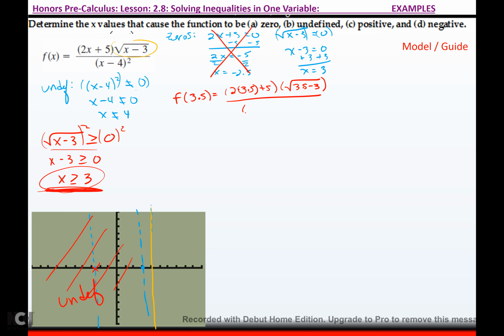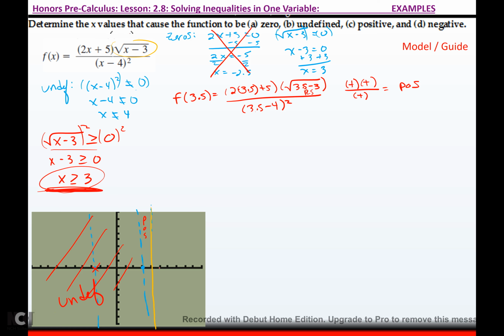All over 3.5 minus 4 squared. Okay, that's going to be 7 something plus 5, that's going to be positive. 3.5 minus 3 is positive, and the square root of a positive is going to be positive. On bottom, that's a negative, but squared is going to be positive. So you have a positive divided by a positive, which is going to be positive. So in between here is going to be positive.